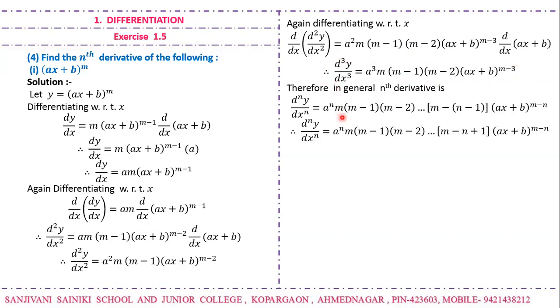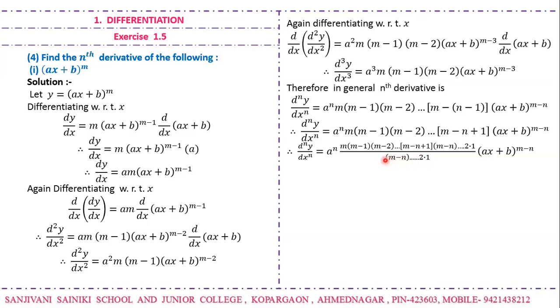Now if you look at this, m minus n minus 1, we can write it as m minus n plus 1. Now we will adjust a few terms. The terms are m minus n plus 1, m minus n plus 2, m minus n plus 3, and so on. So we go on subtracting till we get 5, 4, 3, 2, and 1.